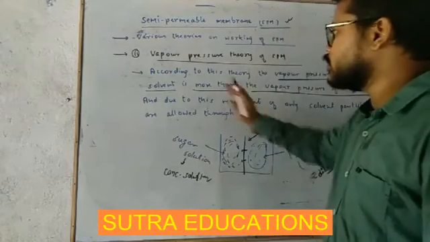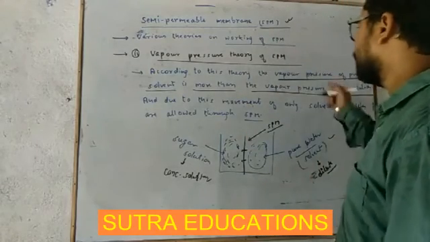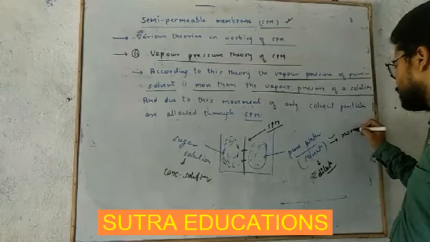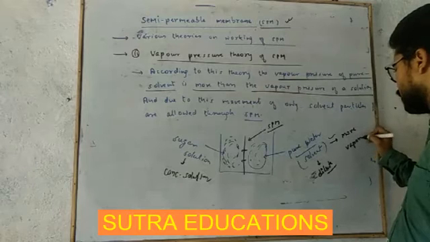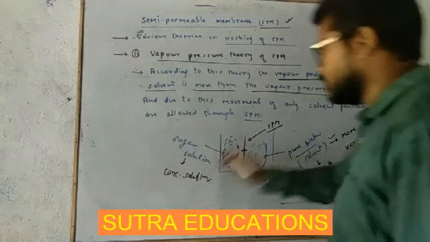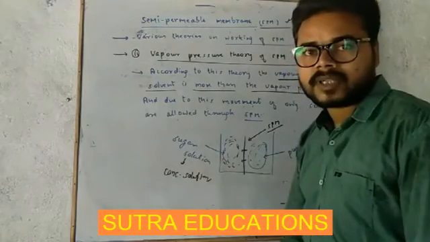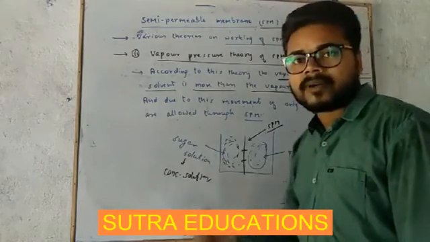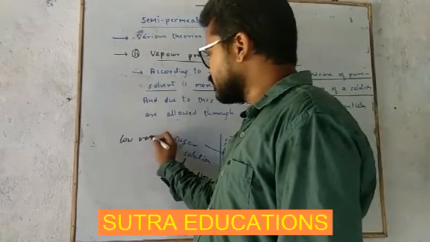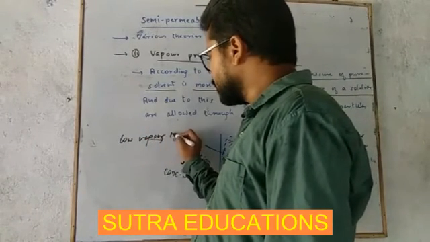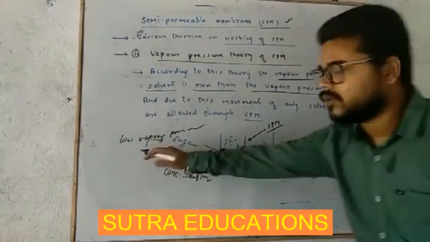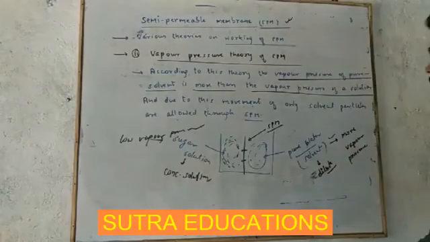So come to this theory. According to this theory, pure solvent has more vapor pressure, and here we have added some sugar, a non-volatile solute, so its vapor pressure is less. Here it is low vapor pressure, there it is more vapor pressure.